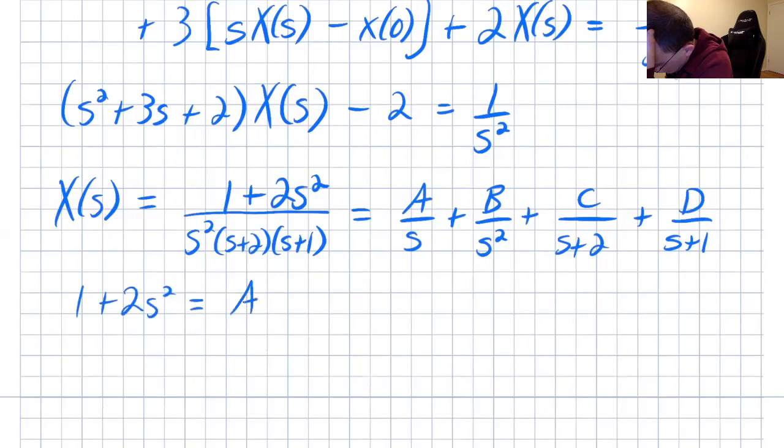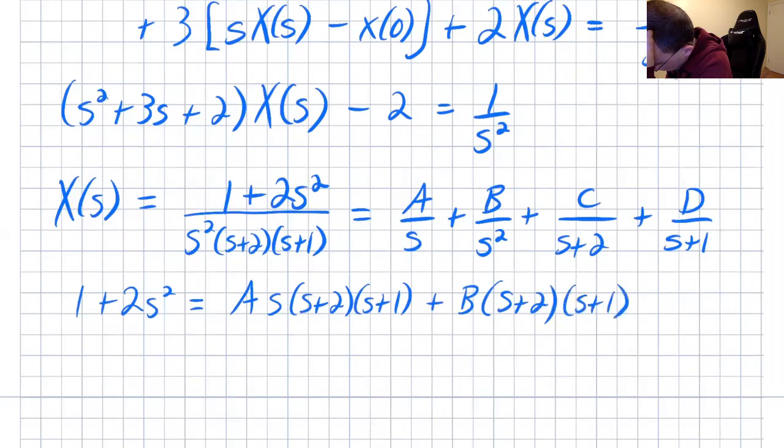Okay, now we'll multiply both sides by the denominator. We'll get a times s plus 2 times s plus 1, plus b times s plus 2 times s plus 1, plus c s squared times s plus 1, plus d times s squared times s plus 2.